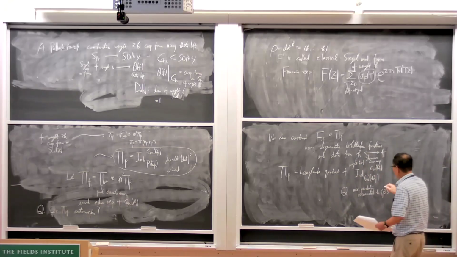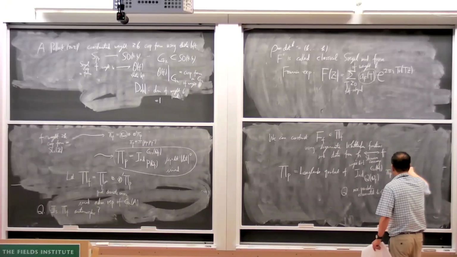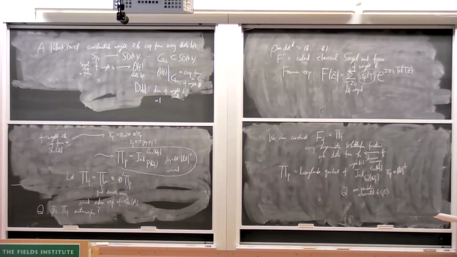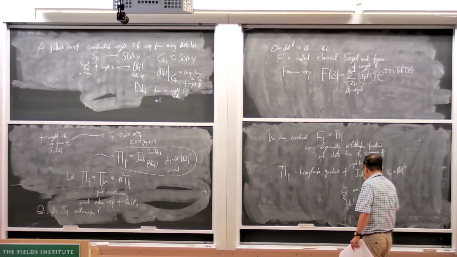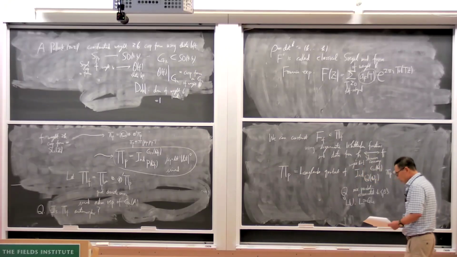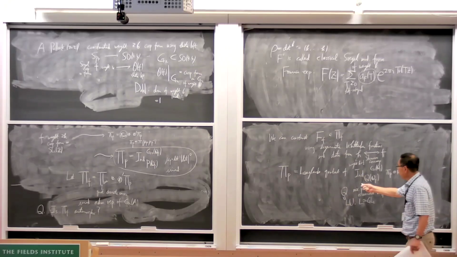And so this is pi p tensor determinant to the 1/2. Here Q has a Levi decomposition LU, where L is isomorphic to GL2. So this is what we realized.